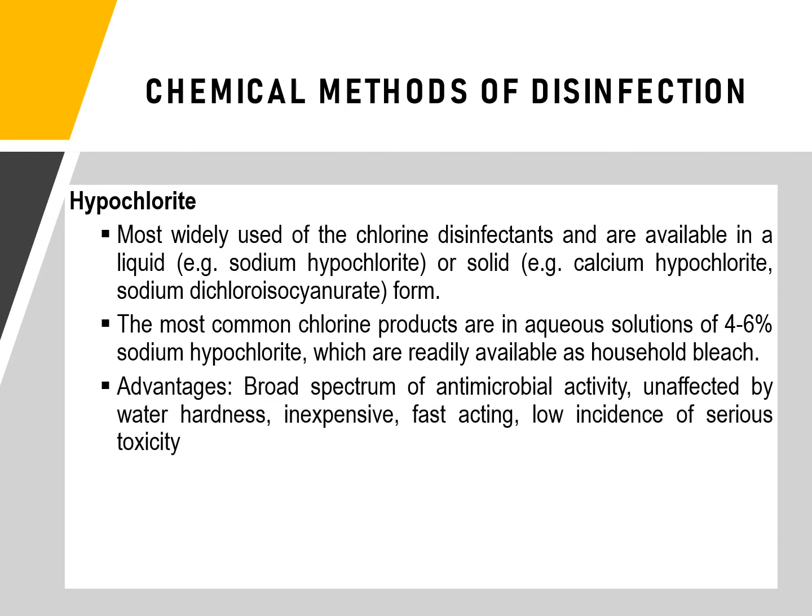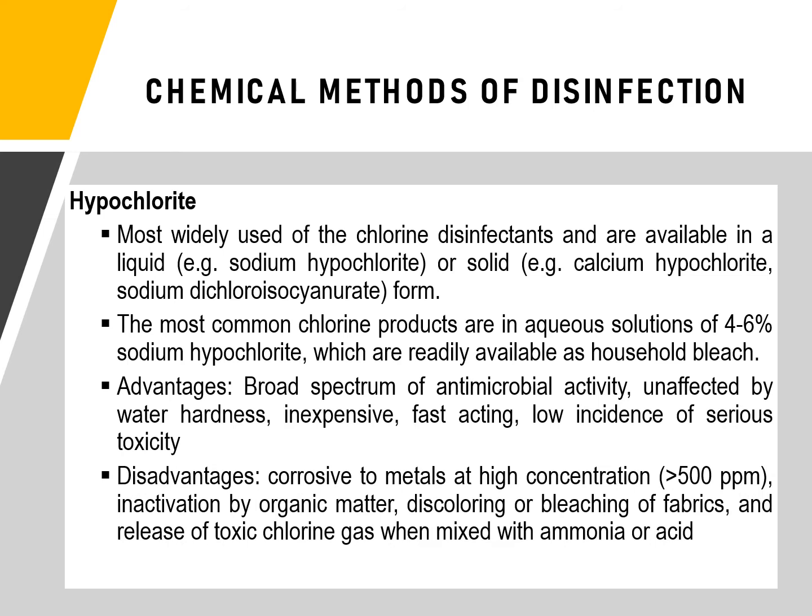Advantages of using hypochlorite include a broad spectrum of activity, with antimicrobial activity against a lot of bacteria and even viruses. It's unaffected by water hardness. It's economical or inexpensive, fast-acting, and has a low incidence of serious toxicity.